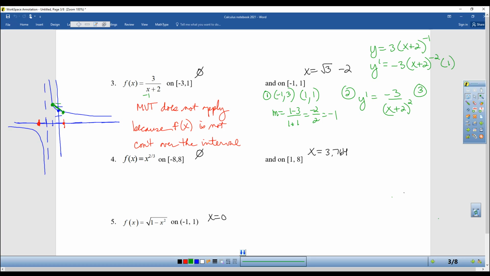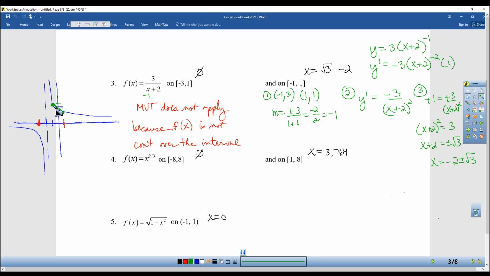And step 3, set them equal to each other. Negative 1 is equal to negative 3 over x plus 2 squared. So I'm going to make both sides positive. I'm going to move the square to the other side by multiplying, clearing the fraction. And then I have x plus 2 is equal to plus or minus the square root of 3. x is equal to negative 2 plus or minus the square root of 3.